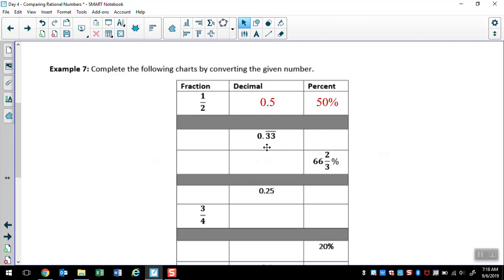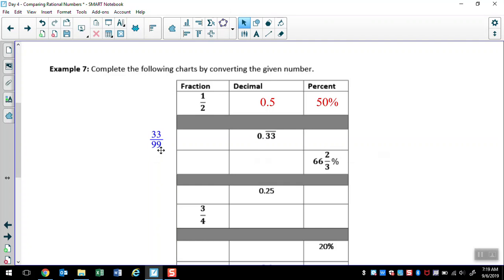So instead of 33 over 100, we say 33 over 99. That's what we always do when it is a repeating decimal. Whatever place it's in, we just subtract 1. So if it's 3 repeating in the tenths place, instead of 3 over 10, we do 3 over 9.